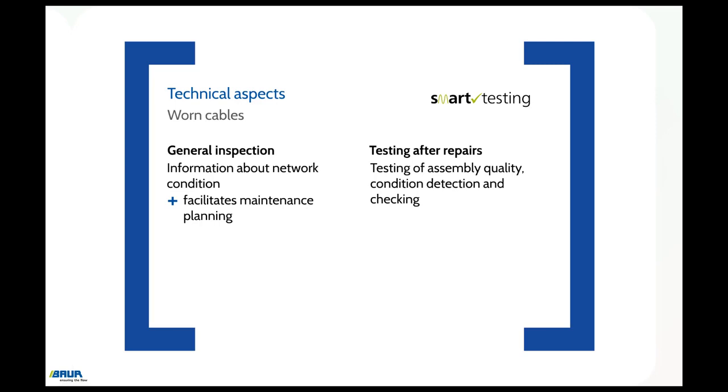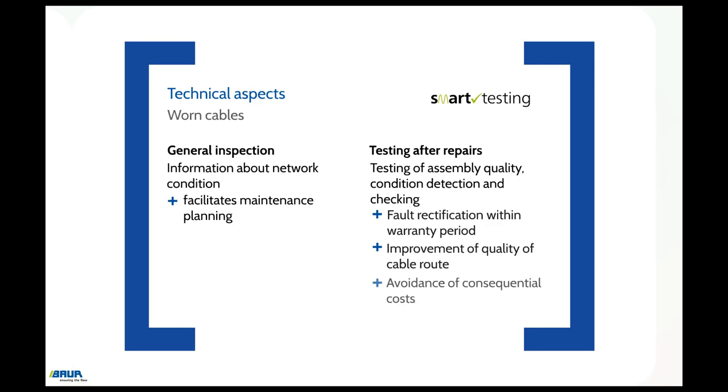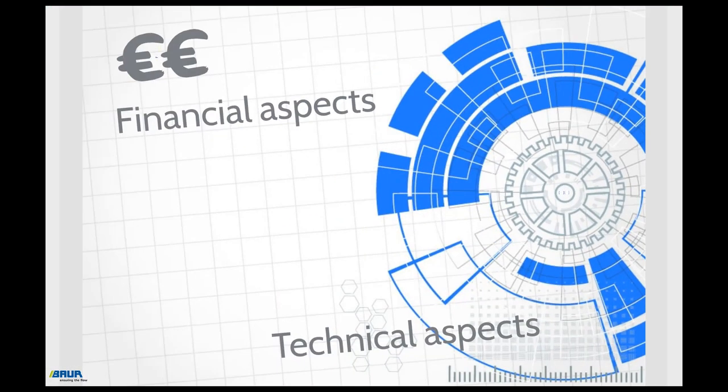Firstly, to check the assembly quality, and secondly, for condition detection and to check whether the problem has been rectified. This allows claims to be asserted during the warranty period, the quality of the cable route to be improved, and consequential costs to be avoided.